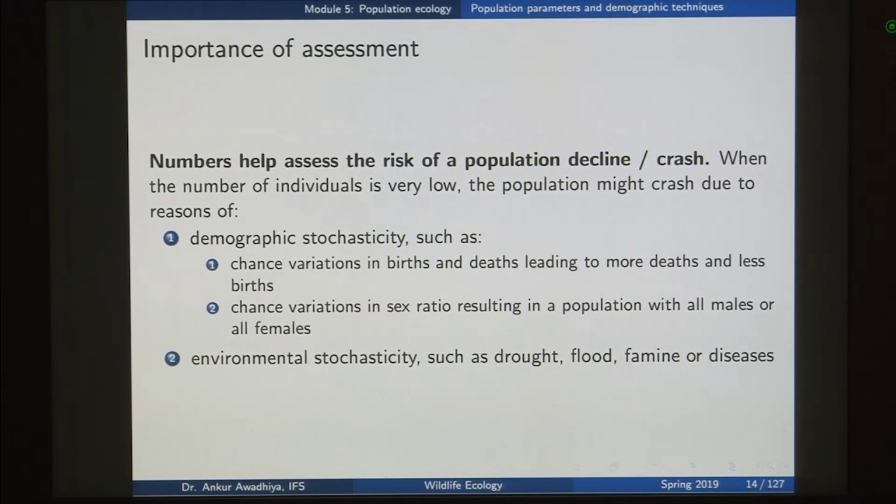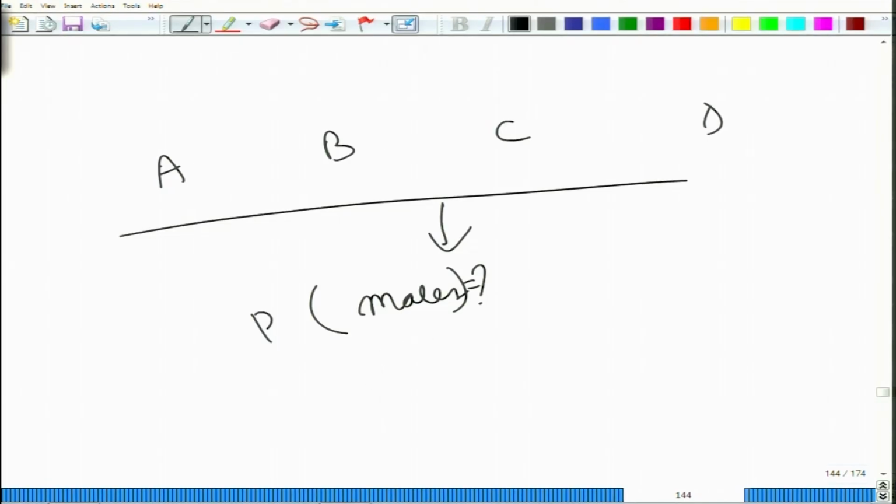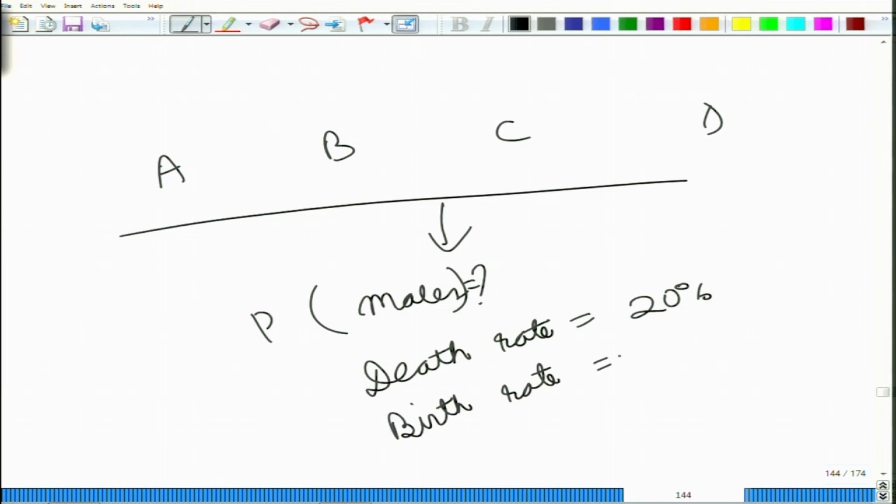Say you have a death rate of 20% and a birth rate of 30%. In this scenario your population is going to increase, but by chance it is possible that this year in place of a 30% birth rate, you only have a 10% birth rate and your population is going towards a collapse.